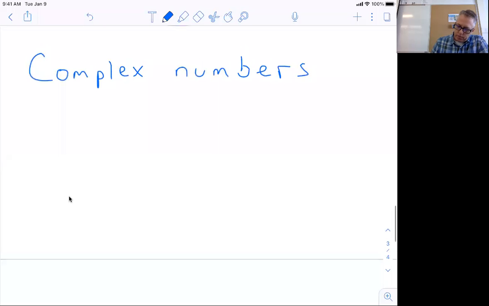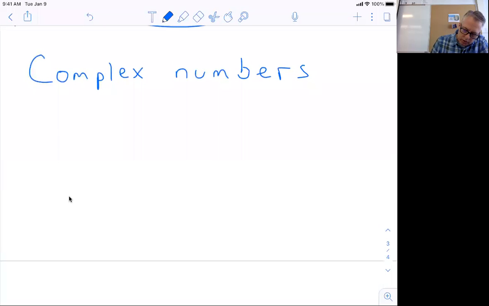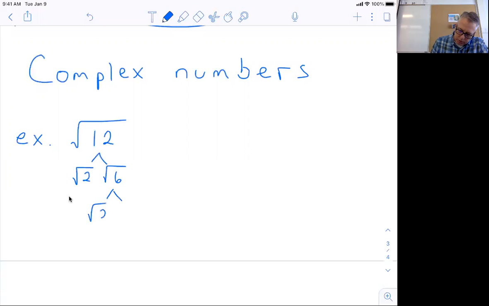And I'll first do a little review refresher. I know back in your glory days of algebra, you guys simplified radicals. Like if we had the square root of 12. Remember we had those factor tree things? So we could split 12 into root 2 times root 6, and then split 6 into root 2 times root 3.